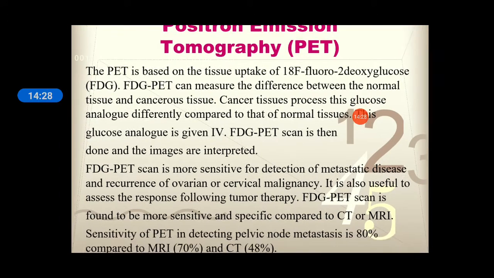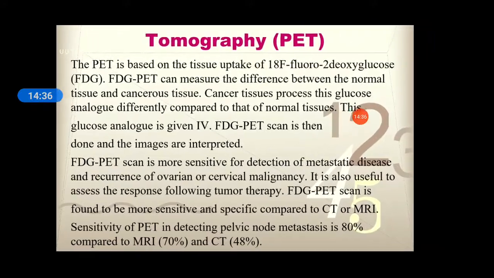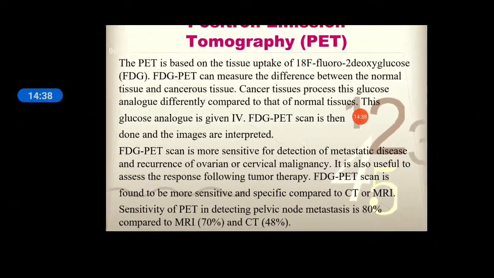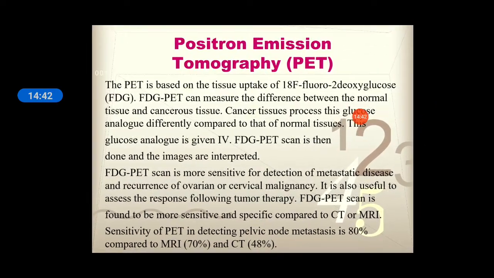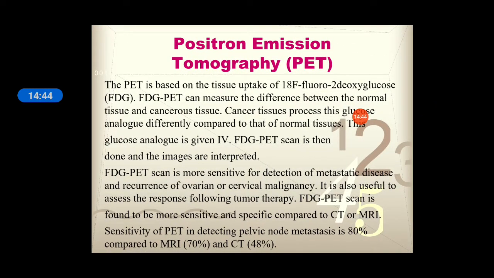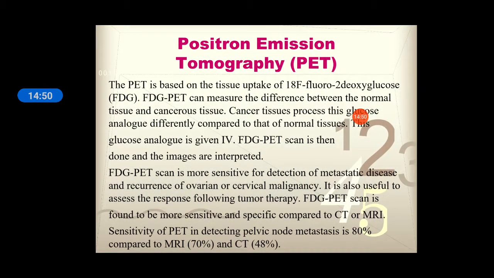Cancerous tissue processes this glucose analog differently compared to normal tissue. This glucose analog is given IV. First we give the IV FDG, then you go for the PET scan technique, and images are then interpreted.